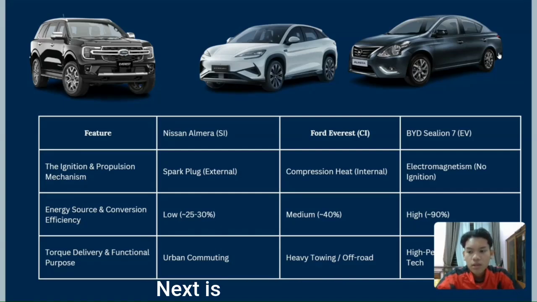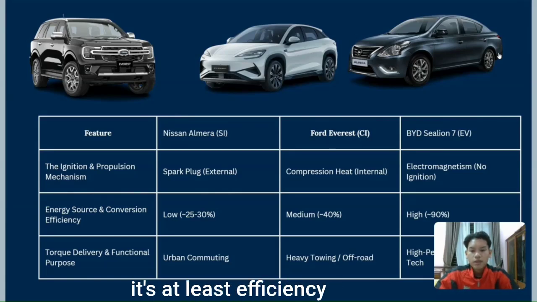Next is the energy source and efficiency. For the Nissan Almera, it has the least efficiency at 25 to 30% because a lot of energy is lost as heat.